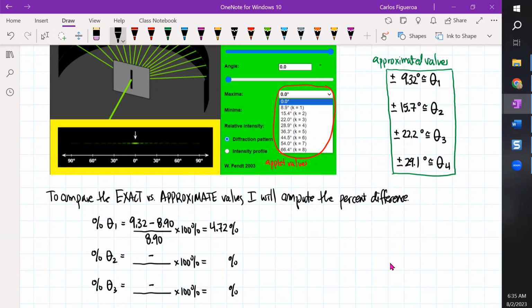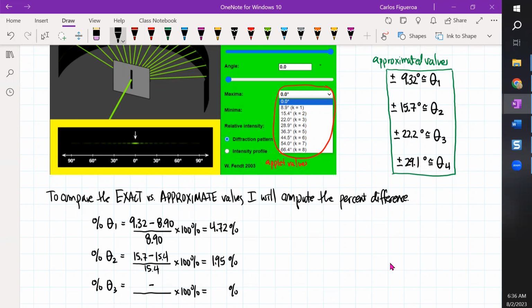So here we go. K2 versus N2 for both of them, the approximate here is a little bit higher, so I'll put that one first, and this is going to be divided by 15.4. If you compute that value, this is 1.95%. You could see that the percent has decreased.